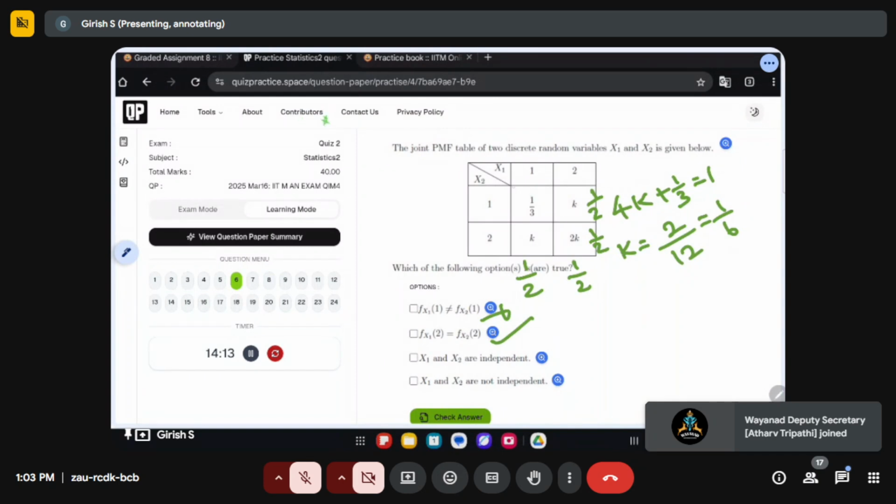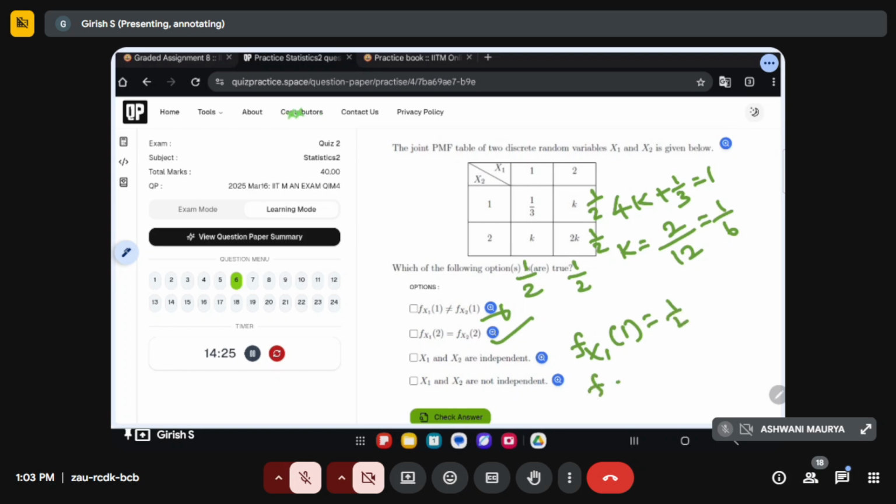Here fx1 of 1 is 1 by 2, and fx2 of 1 is also 1 by 2, but fx1,x2 of 1 comma 1 is 1 by 3, which is not the product of marginals. The product of marginals is 1 by 4. So these are not independent, right? This question, is this fine? Yes.